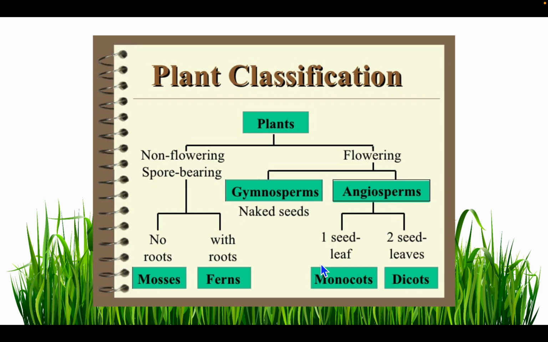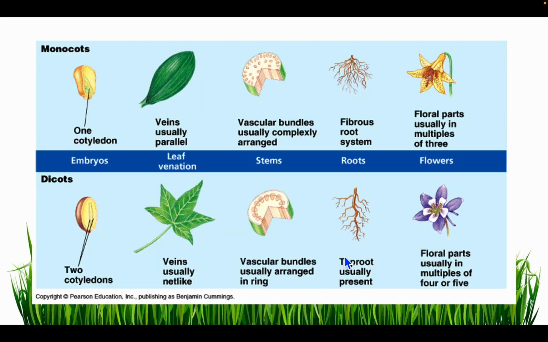Whereas with the flowering plants, you have seeds, but they are either monocots or dicots, depending on the types of leaves that they produce. A monocot is like a corn type of plant. Usually it has one cotyledon, which is the little baby plant in there.